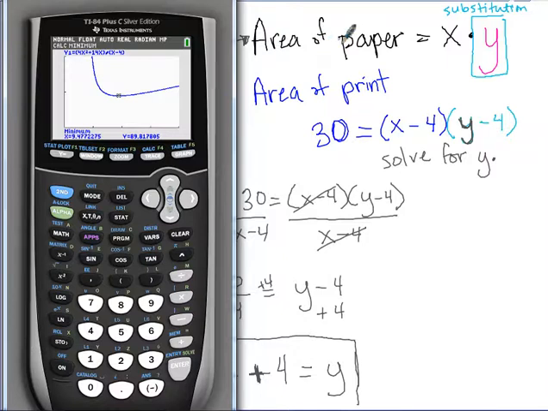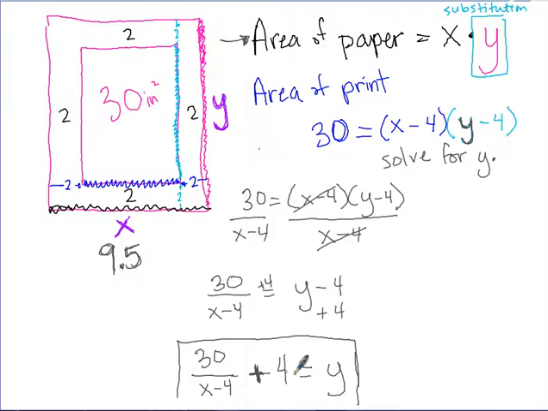We want an area of the paper. So this is the minimum area. In order to find the y value, I have to plug it into this equation, because this is the y value for any given x. So 30 divided by 9.5 minus 4, plus 4, that's going to be my y value, the other dimension of my paper.